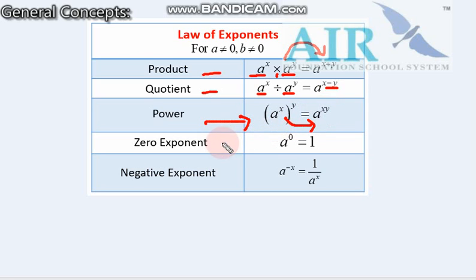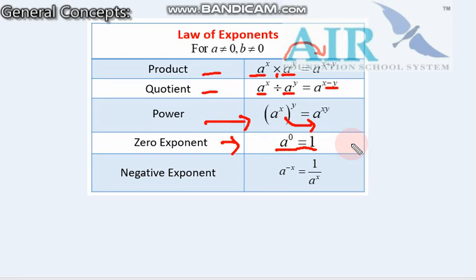The next is zero exponent. Here the example is a power 0 is equal to 1. Whatever the variable is, whatever the digit is, any number whose power is 0 will always be equal to 1.